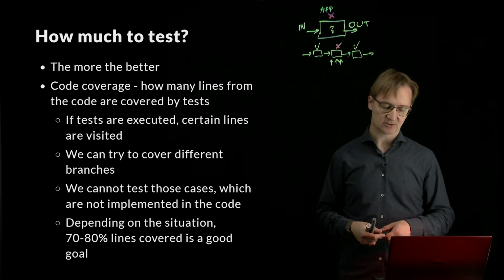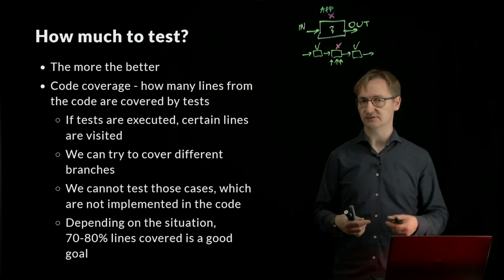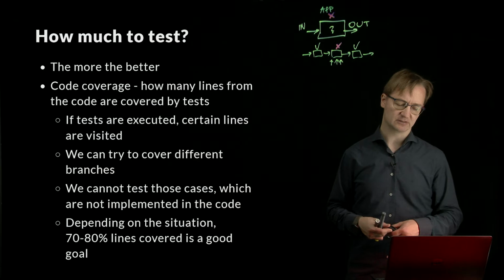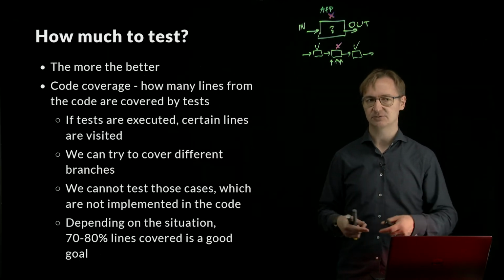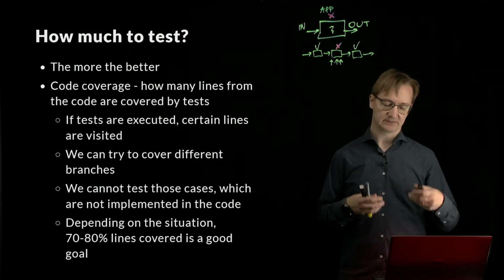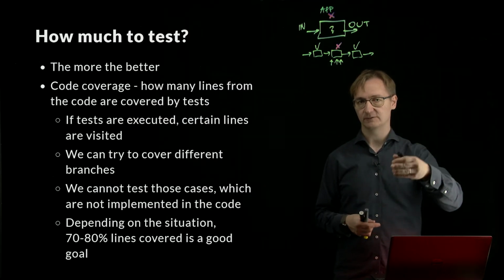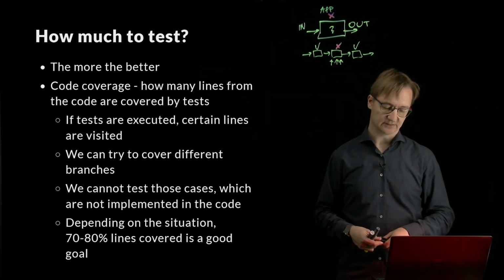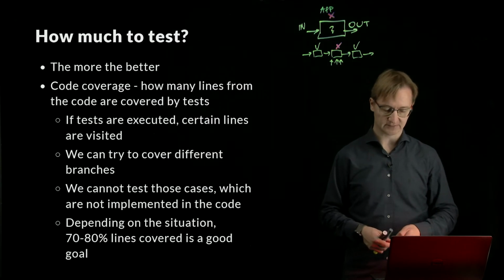And basically it says how many lines from the code are covered by tests, or how many percentage of the code lines. It can be also measured in, for example, how many methods or how many functions or how many classes, how many files, how many folders, and so on. So basically, we usually mean that if I have a code of, I don't know, 100 lines of code, and if 90 lines are covered, I can say that my code coverage is 90%.